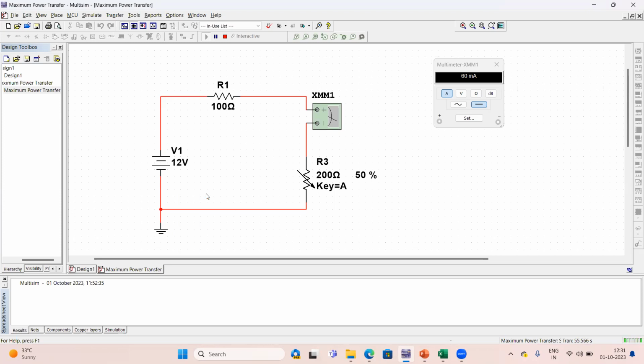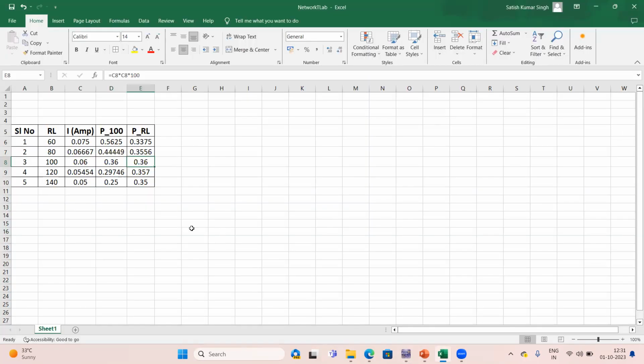You can easily observe that even if you decrease or increase the RL value from RS equal to 100 ohm, in both directions the power delivered to the load resistance is decreasing. So this is how we can verify the maximum power transfer theorem in a DC circuit.